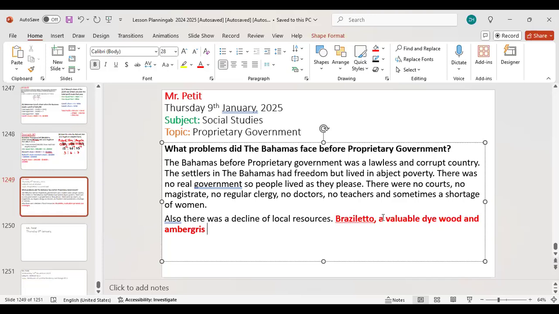Yes, it is a secretion of the whale, used in perfume and cookery supplies.